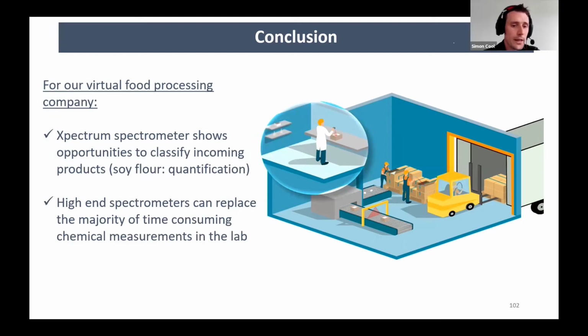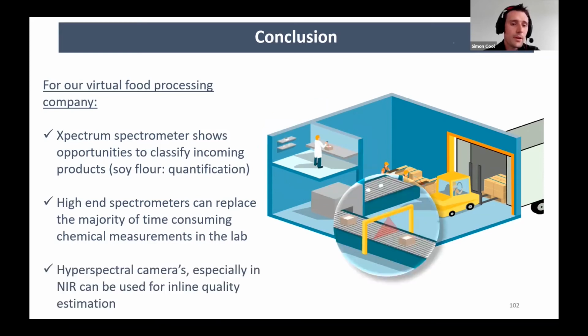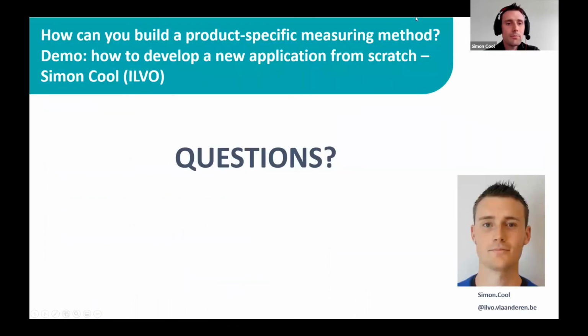High-end spectrometers can effectively replace, for the majority of the time, the chemical measurements that take a lot of time in the lab. And hyperspectral cameras for this specific application, especially in the near-infrared region, can indeed be used for inline quality estimation. And that was the end of my presentation.